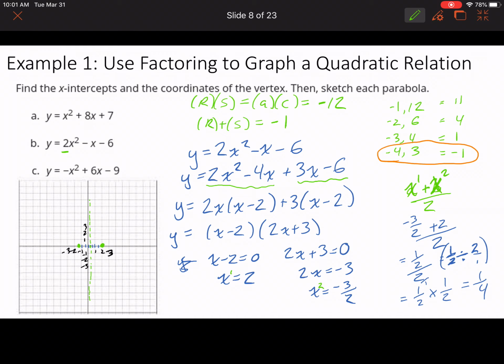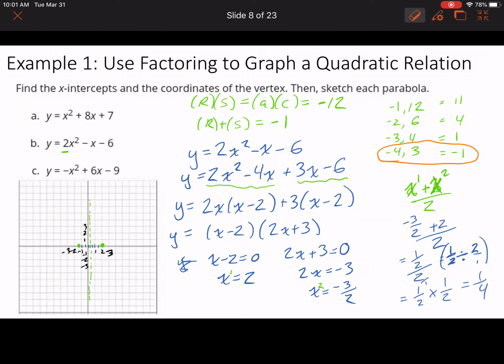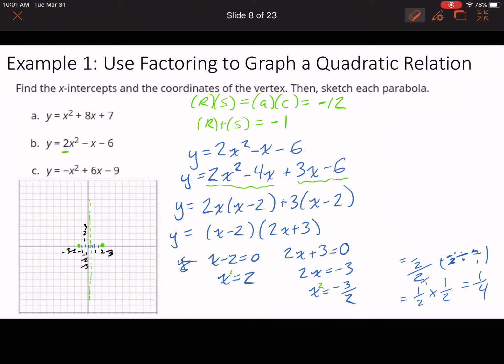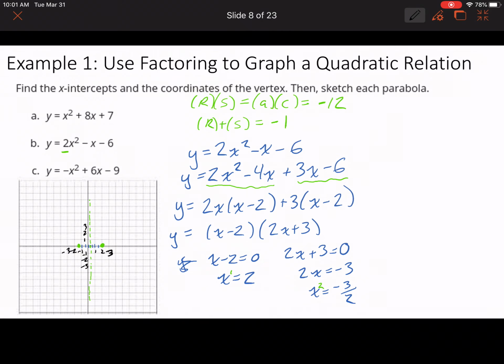So now we need to find, and I'm completely out of space, our y coordinate of our vertex. If you want to keep this, give it a screenshot now, because I'm going to erase. So now we have 1/4. We'll go back to our original equation.